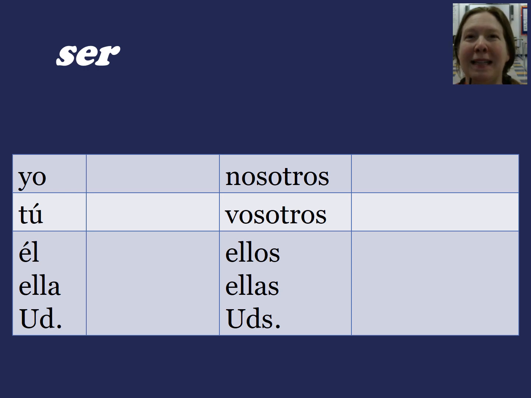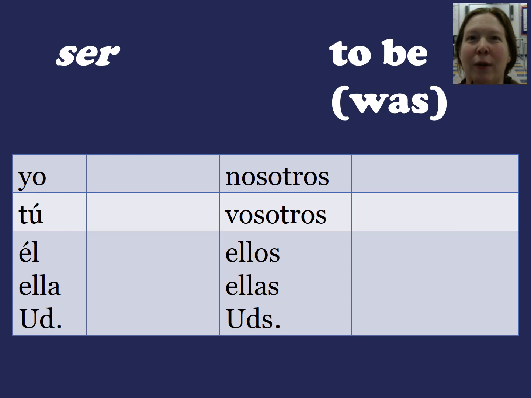The next verb is ser. Ser, of course, means to be, and it is translated as was in the past. So when you're going to use ser in the past, you are going to say was in the pretérito. Now, remember that there are 2 verbs that mean to be. You have ser, and you also have the verb estar. So it is really important to remember that estar is going to be only used when you're talking about location or things that change.